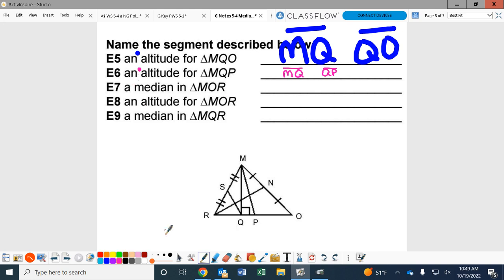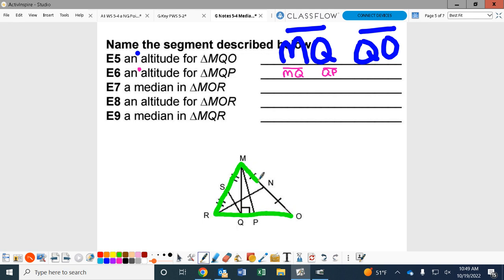Okay, the next one we'll do the triangle MOR, and we've got 2 of them on this one, so we'll do MOR, and we will make it green. So MOR is, here we go, oh, it's the big one, right? It's the whole thing. MOR.